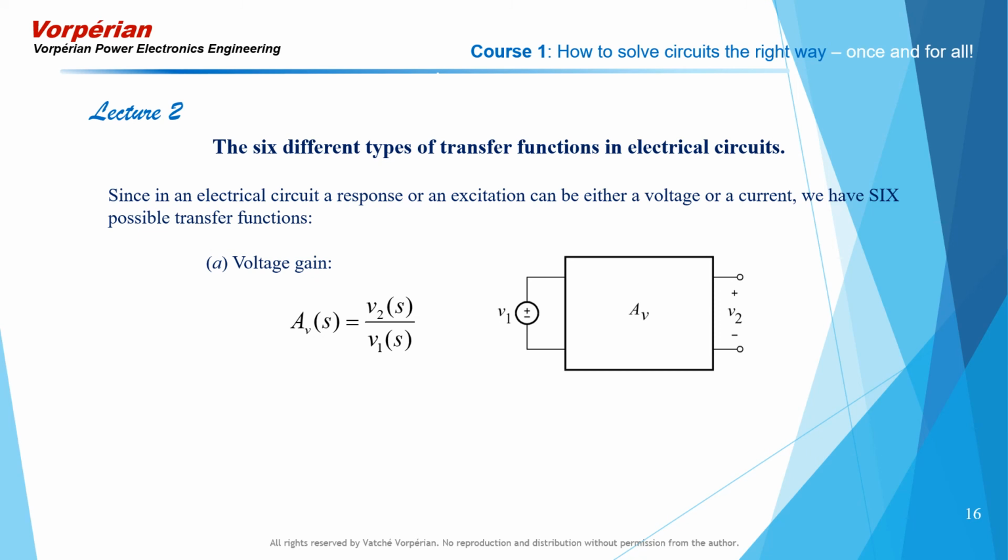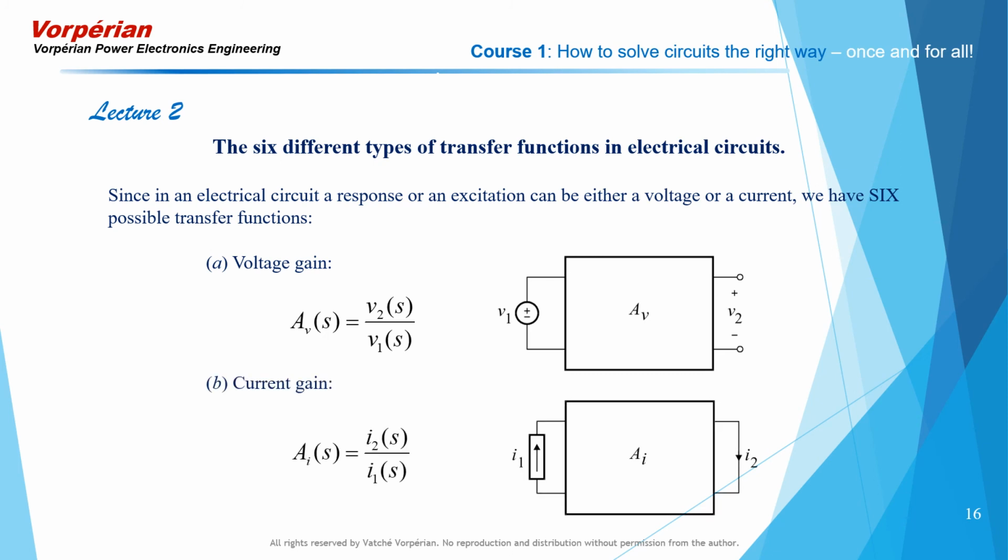It is the response of some output voltage V2 to an input signal V1, known as a voltage gain or a voltage transfer function. We can also speak of a current gain, in which you speak of a current in some branch of an amplifier, typically in the output, of course, to an input current excitation.